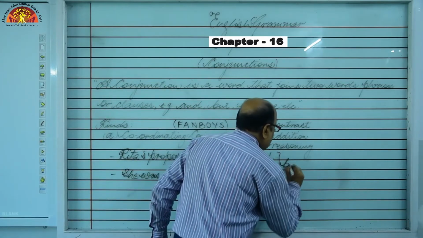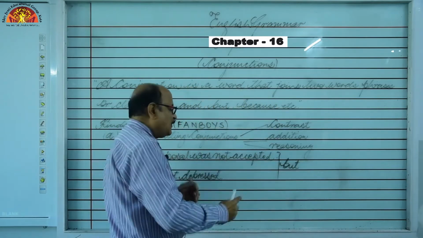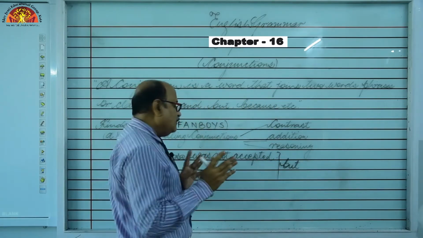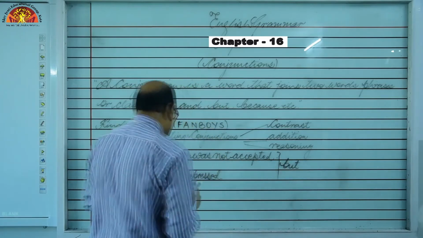Whenever two different sentences opposite to each other are connected, we use but or yet.